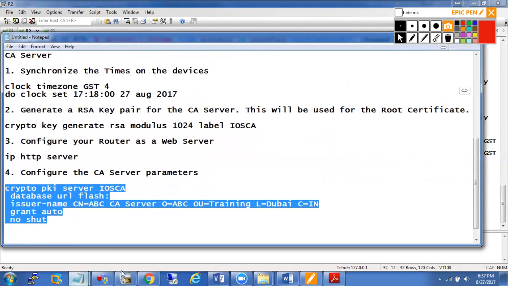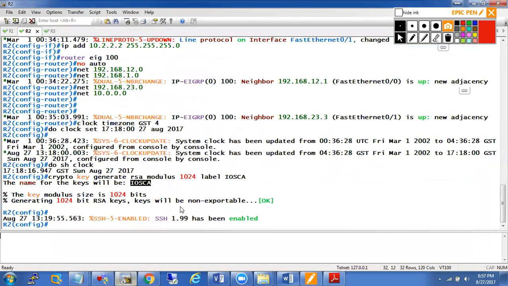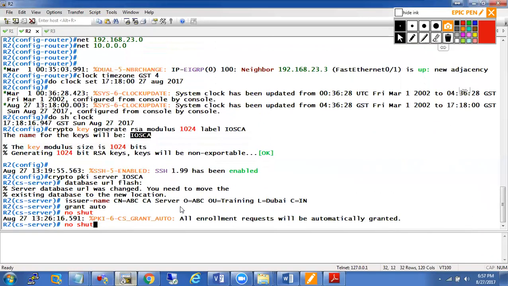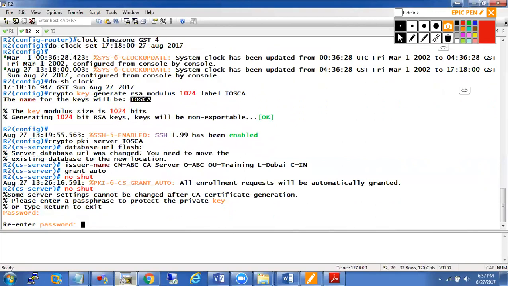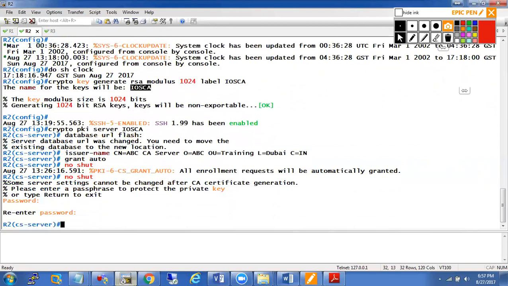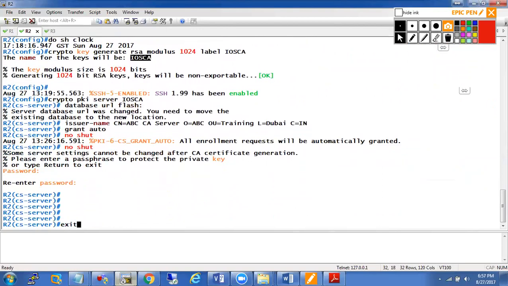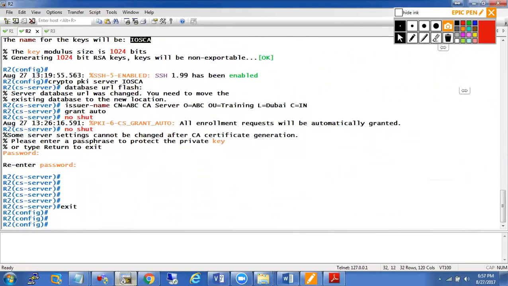I'll copy it, and I'll go to router 2 and paste it. As soon as I say no shut, it'll say, okay, give me a passphrase to encrypt your private key locally on my local device so nobody can access it. So it has encrypted my private key locally. Any passphrase is just to encrypt that private key locally. Now it's done.